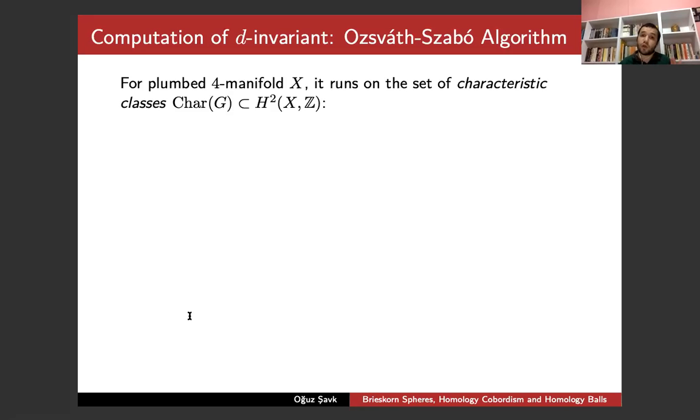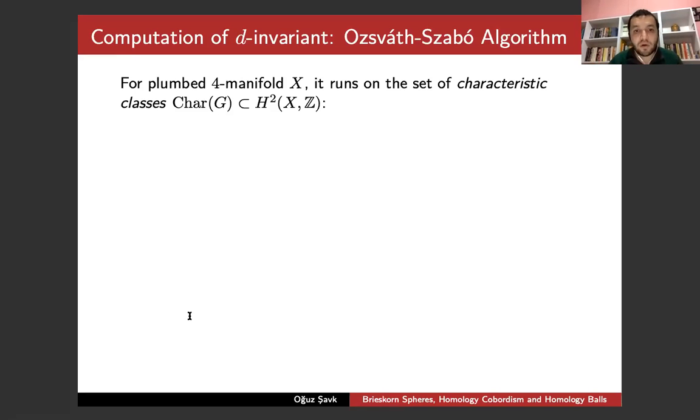The Ozsváth-Szabó algorithm runs on a very special subset of the second cohomology of the four-manifold X. They are called characteristic classes, and they include all the information in the second cohomology. Actually, they are related to intersection forms. I don't want to go into the details of the Ozsváth-Szabó algorithm because it is very technical.